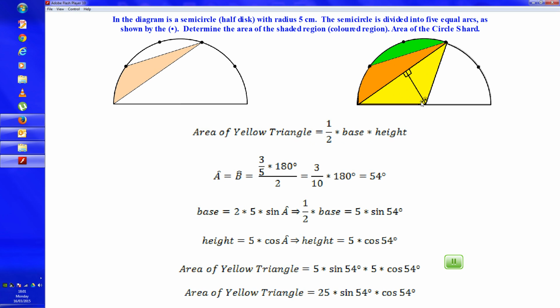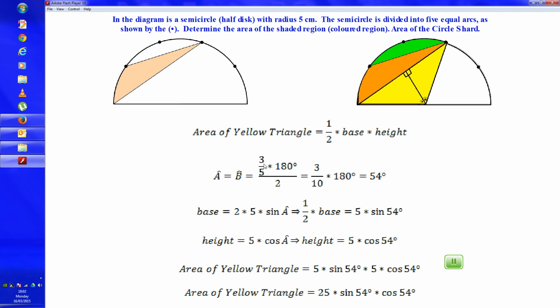The angle A here on the yellow triangle and the angle B are equal, simply because the hypotenuse on this yellow triangle here is the radius of the circle there, and this one here is the radius of that circle there. So the angle A is equal to the angle B, simply because it's an isosceles triangle.